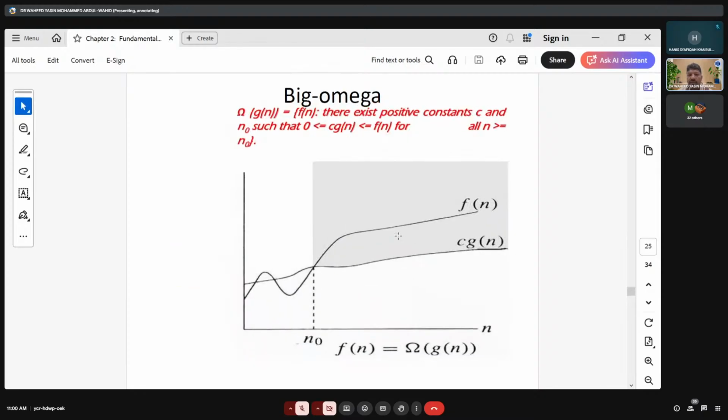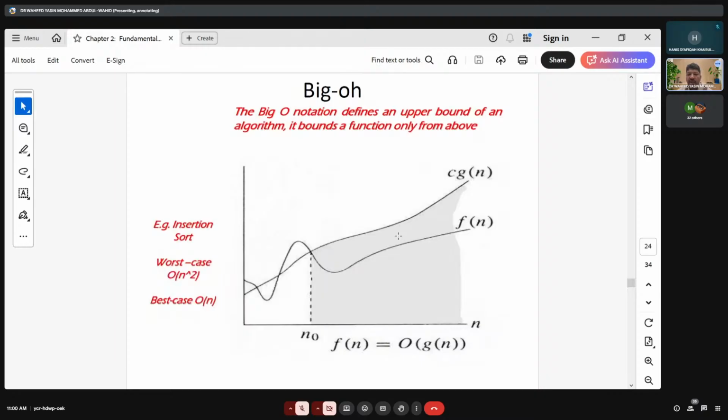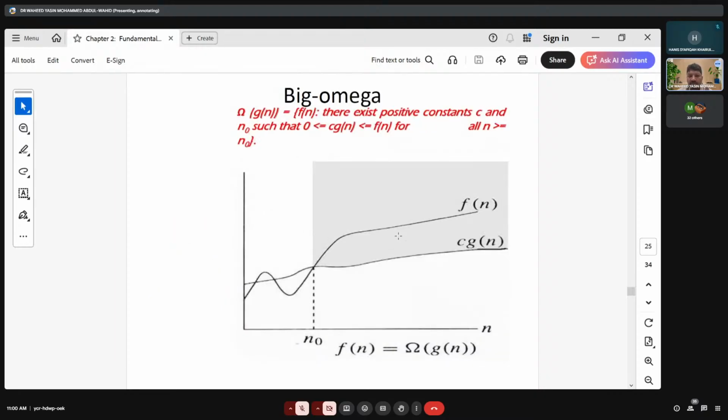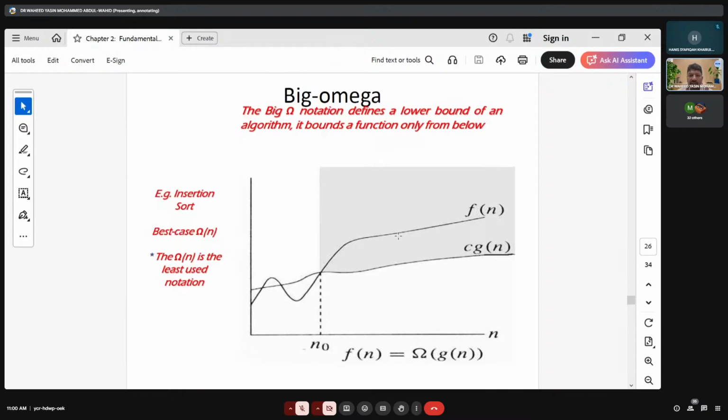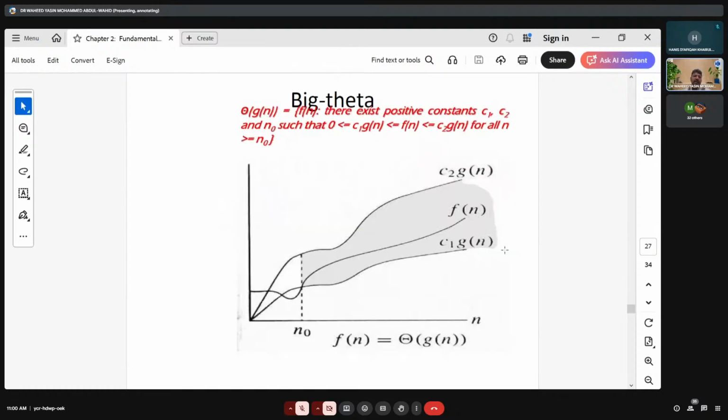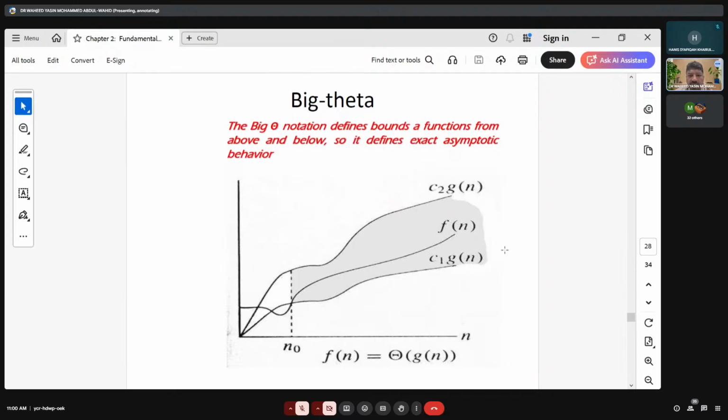For big O we have upper bound, for big omega we have lower bound, for theta we have upper and lower bound. The notation defines bounds on a function from above and below, so it defines exact asymptotic behavior.